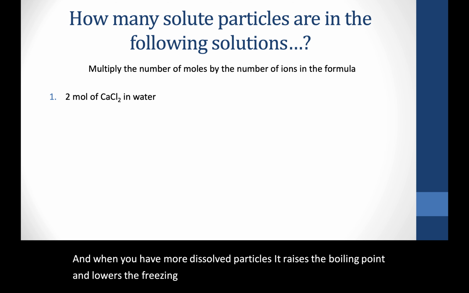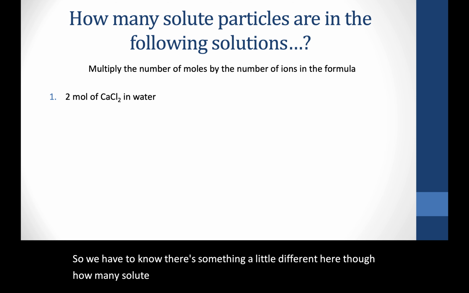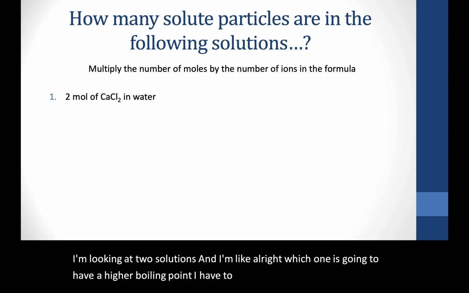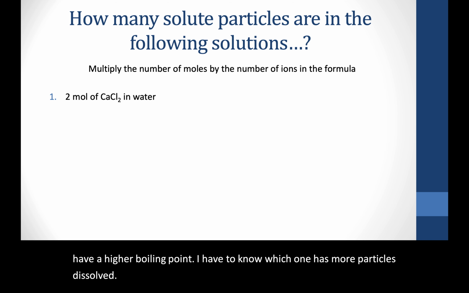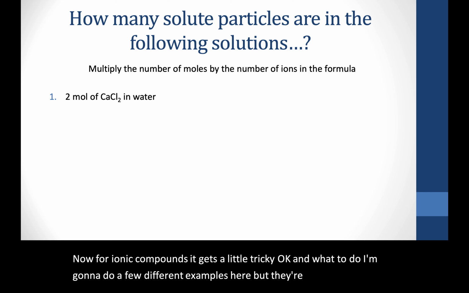So we have to know how many solute particles are in the solution. If I'm looking at two solutions and asking which one's going to have a higher boiling point, I have to know which one has more particles dissolved. Now, for ionic compounds, it gets a little tricky. I'm going to do a few different examples here, but they're pretty quick.